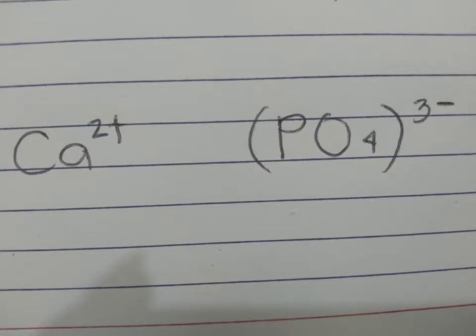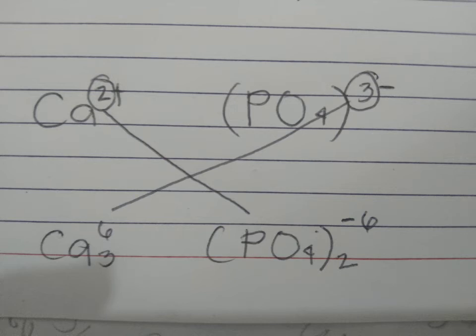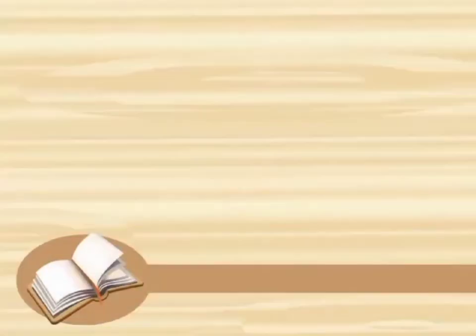So calcium is Ca 2 positive and phosphate is open parenthesis PO4 close parenthesis 3 negative, then do the lasso. Then the ionic formula is Ca3(PO4)2.